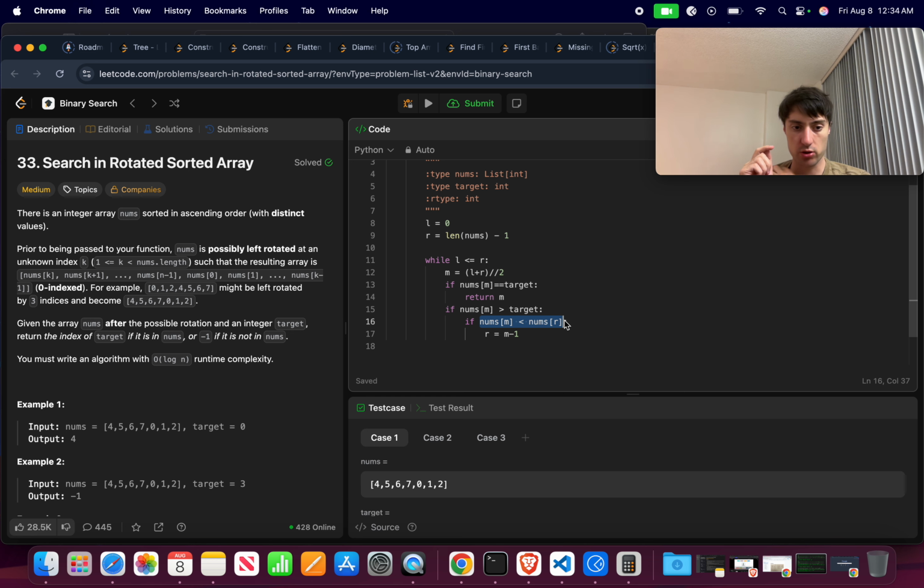If it's not true, then that means that the pivot is in that last interval. And so a smaller value can exist, and I want something that is smaller.